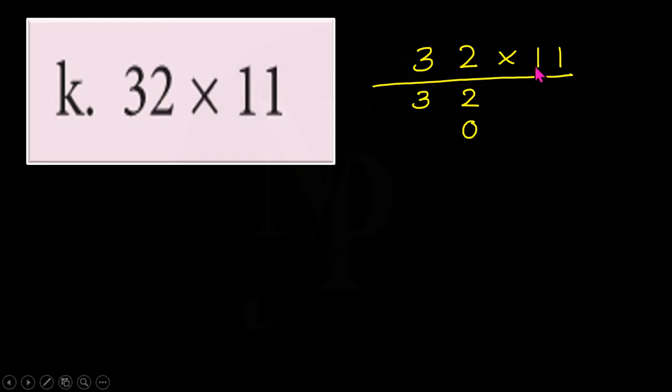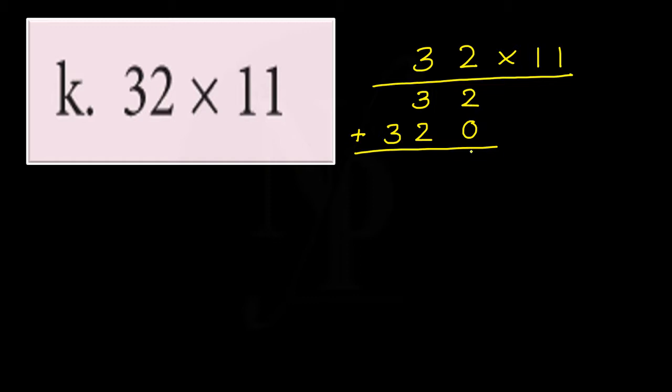So now we multiply 1 2 is 2, and that is written here in tens place. So 1 2 is 2 and 1 3 is 3. So 3 is written in hundreds place here. So now we have to add these two numbers to get the product of 32 and 11.